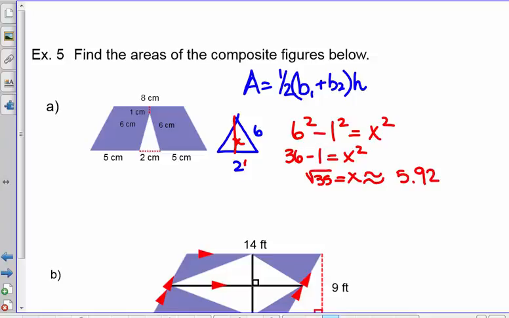So if this height right here is 5.92 plus 1, the height of my trapezoid then is going to be 6.92.